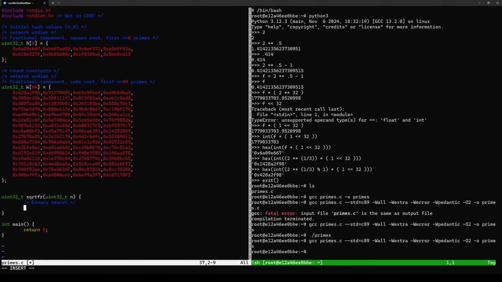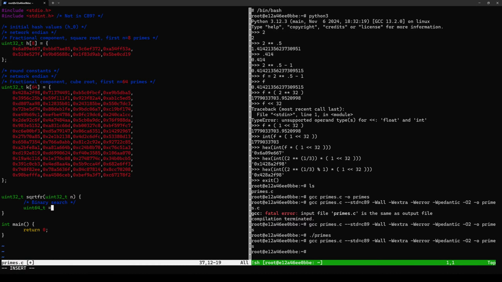I'm going to take some value, I'm going to multiply it by itself, and I'm going to see how close it is to the target value, right? And the target value is going to be a 64-bit integer.